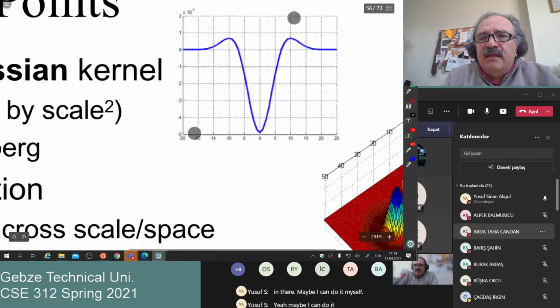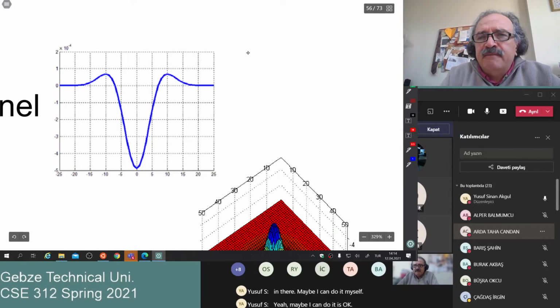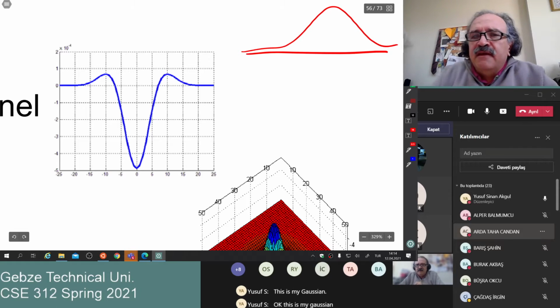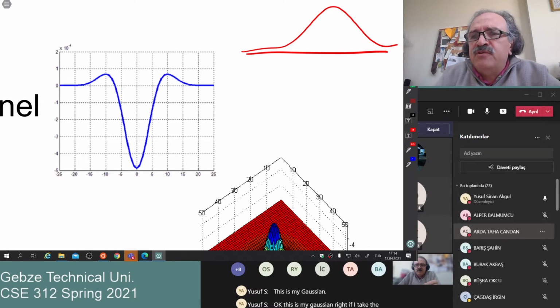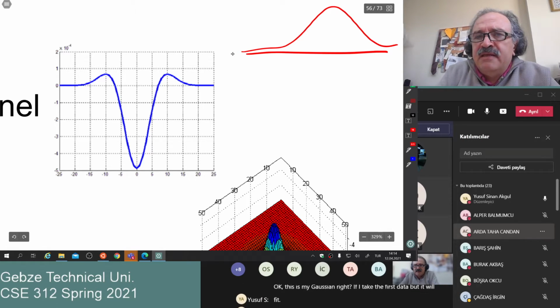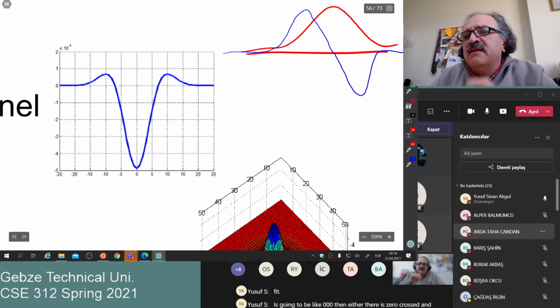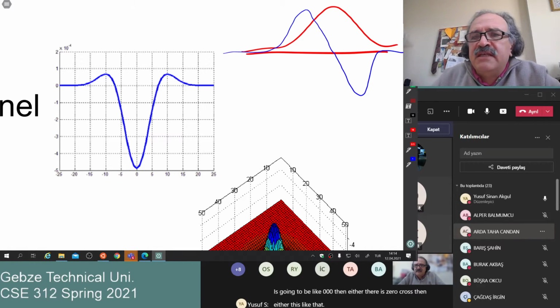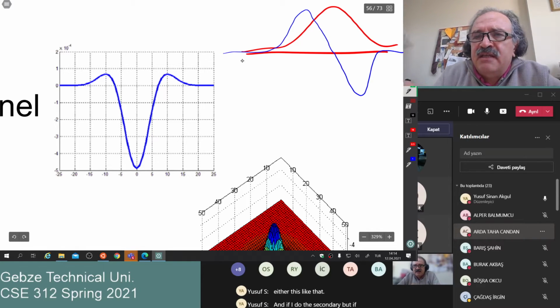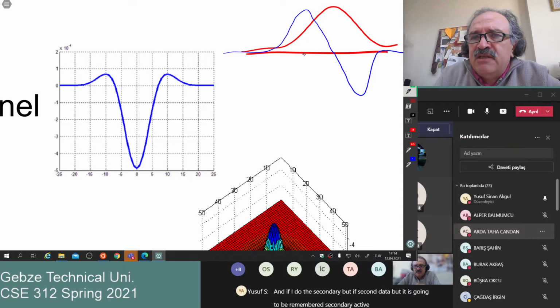Okay, this is my Gaussian, right? If I take the first derivative of it, it's going to be 0, 0, 0, then I do this, 0 cross, then I do this, like that. And if I do the second derivative, remember the second derivative here is going to be the 0 cross, right?